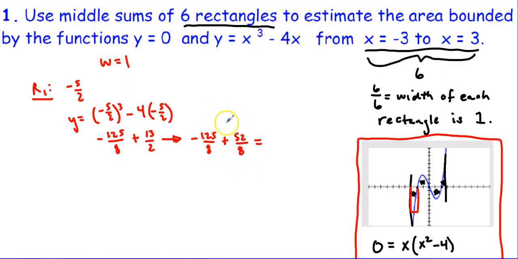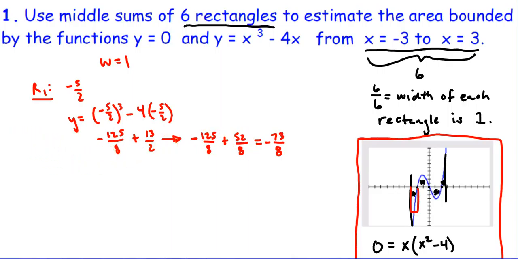So combine these two, and it looks like you've got 73/8. That's a negative technically, but again, we're talking about the height of this thing, so we'll throw the negative in, but at the end, we don't care about the negative. We just want to know what the height of that particular thing is, so we'll take the absolute value.